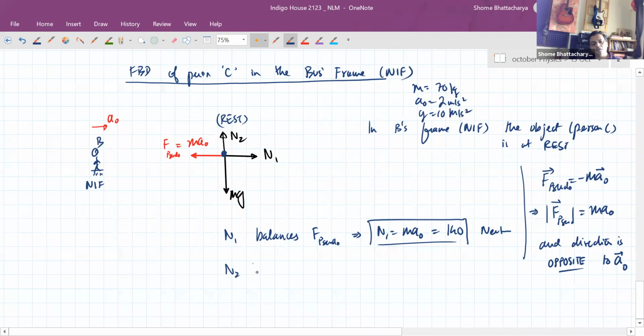And N2 on the other hand balances weight. So N2 is equal to mg, it's equal to 700 newtons.